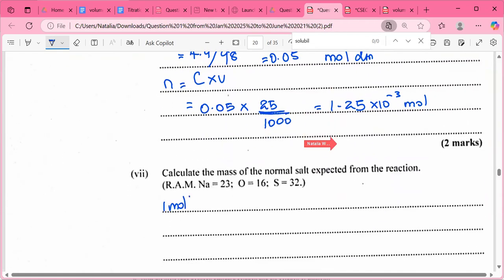So 1 mole of H2SO4 reacts with or produces 1 mole of Na2SO4.